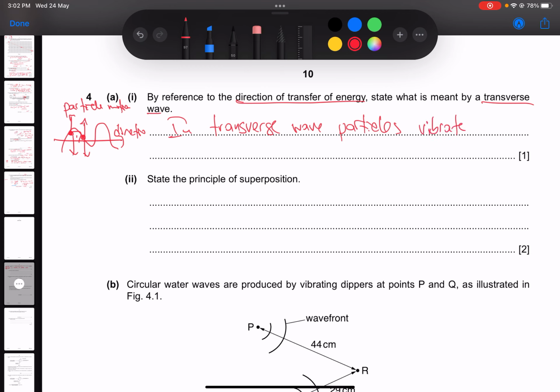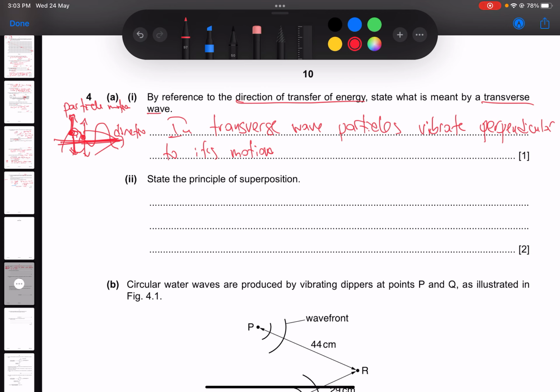In transverse wave, particles vibrate perpendicular to their motion. As I explained, the wave travels this way, but particles travel up and down, so perpendicular to their motion. This would be very simple, good enough for this particular question.